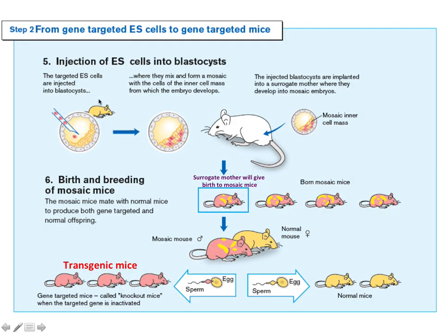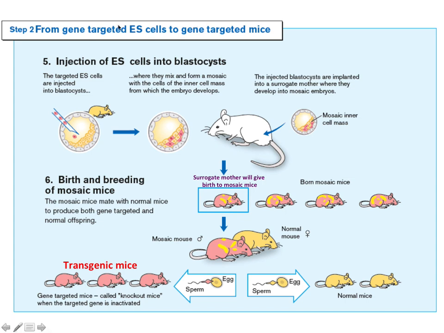Now the second step: from gene targeted embryonic stem cell to gene targeted mouse. In the first step you made the altered embryonic stem cell. Now you have to introduce this embryonic stem cell into the mouse.